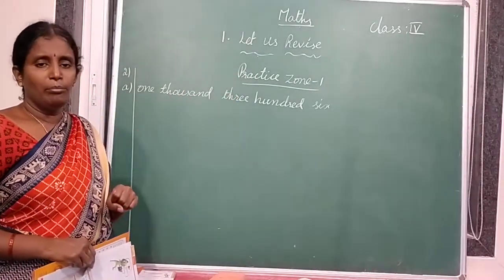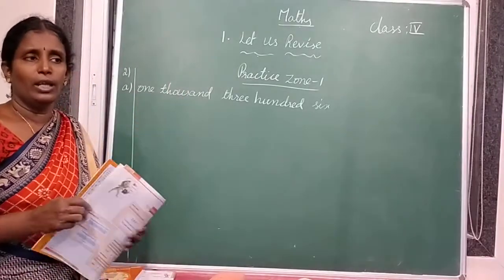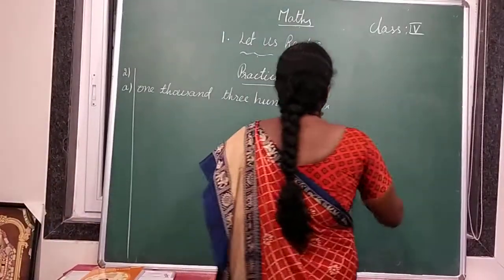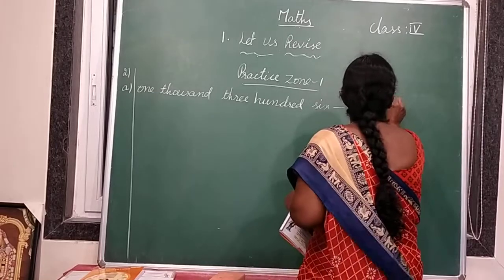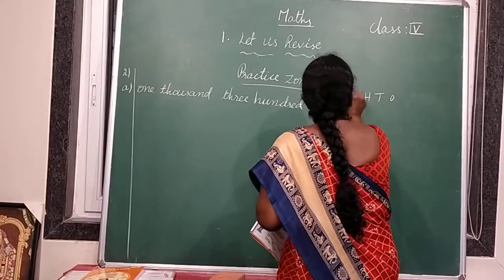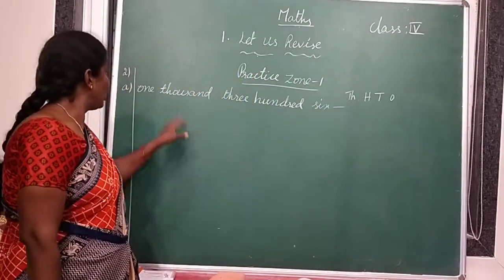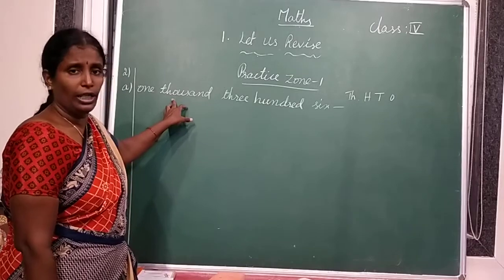So to write the number, first we have to write the place values. So what are the place values? Ones, tens, hundreds, thousands. Why are we writing up to thousands? Because here up to thousands only are there.